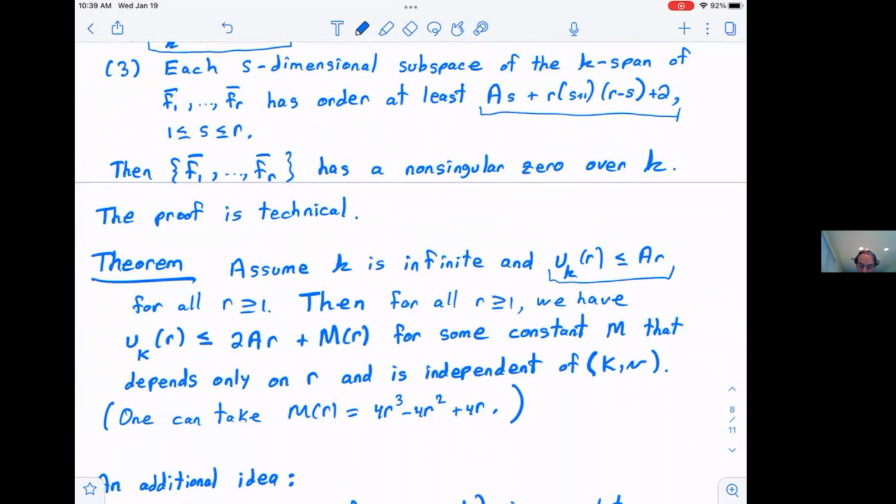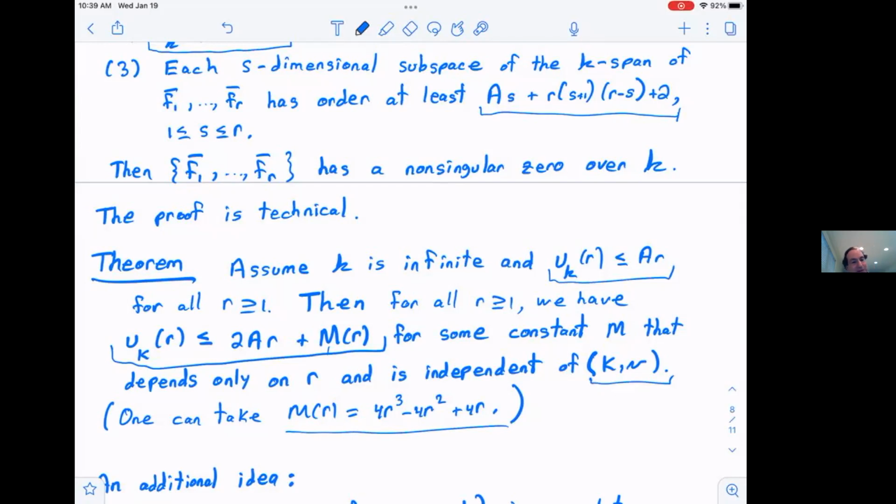Then for all R greater than or equal to 1, we almost have the U invariant is less than or equal to 2AR. I have to add on an interesting constant. I wrote capital M of R for some constant M that depends only on R, but interestingly is completely independent of the field I'm working with. It turns out this is not important, but this is a concrete expression for what one can take for this M of R.